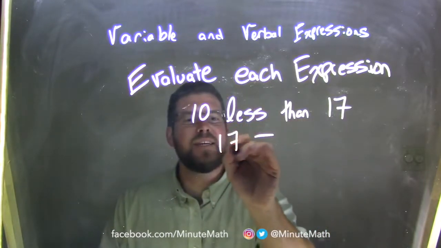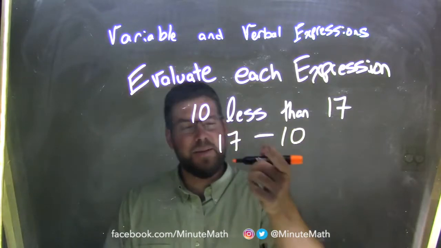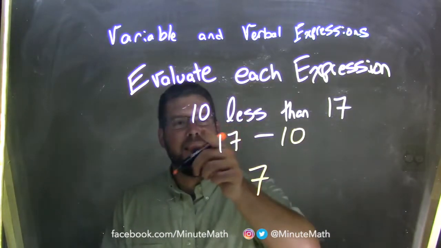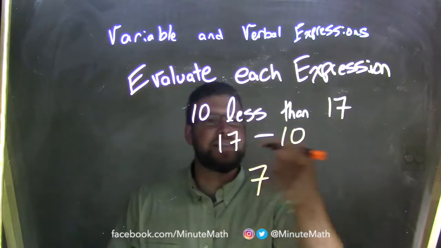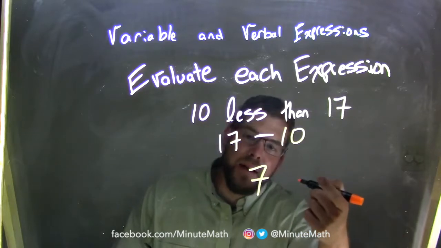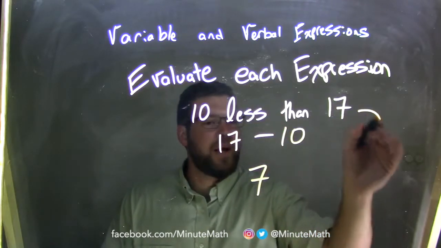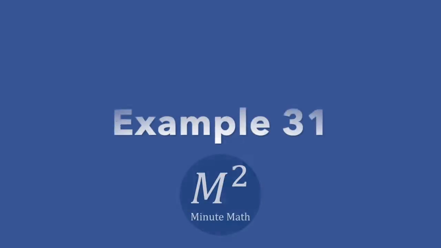So it becomes 17 minus 10. 10 less than 17, 17 minus 10, which is just 7. So if we take 10 less than 17, we're taking that 17, taking 10 from that, 10 less than that, which gives us 7. So here's our verbal expression that we're evaluating, and it becomes 7.